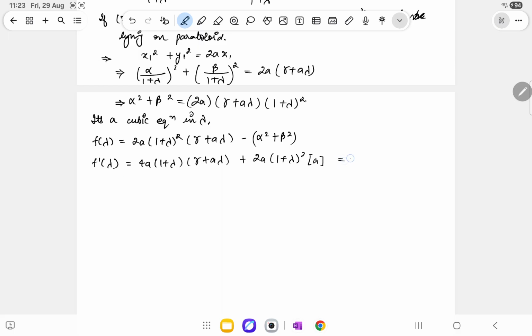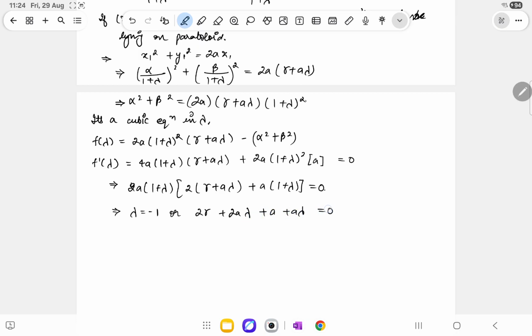If I equate it with 0, I'll get the critical points. I can take 2a into 1 plus lambda out as common, so I'm left with 2 into gamma plus a lambda, plus a into 1 plus lambda, is equal to 0. From here I got lambda is equal to minus 1, or 2 gamma plus 2a lambda plus a lambda is equal to 0.